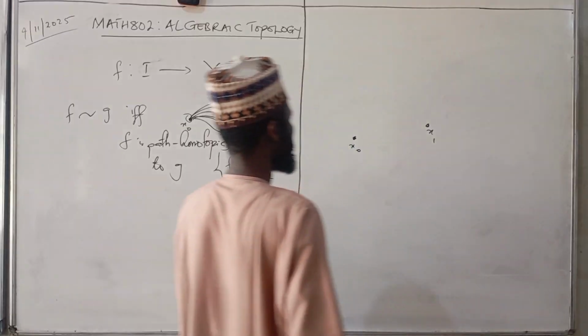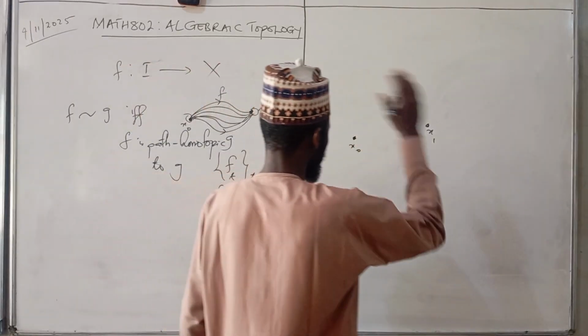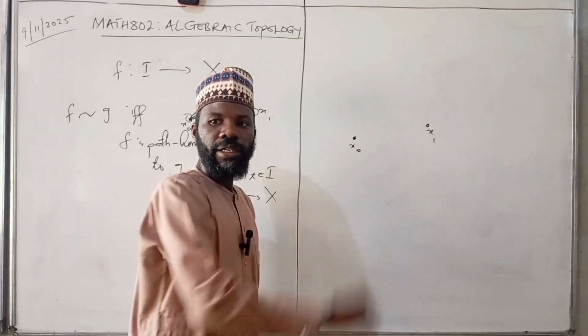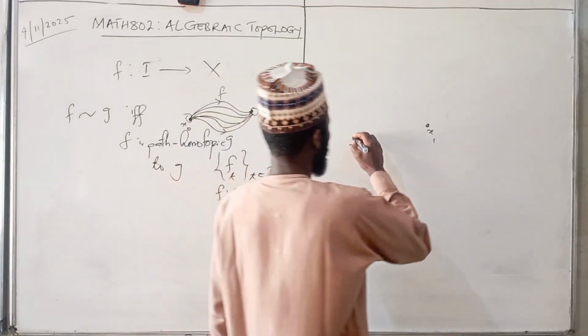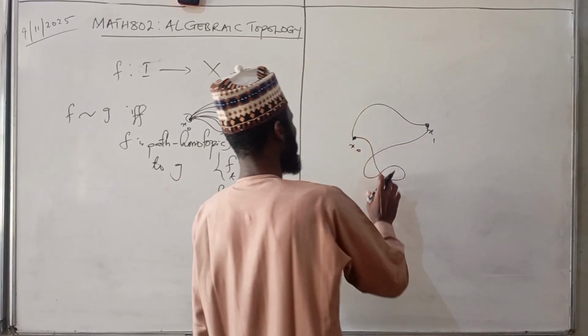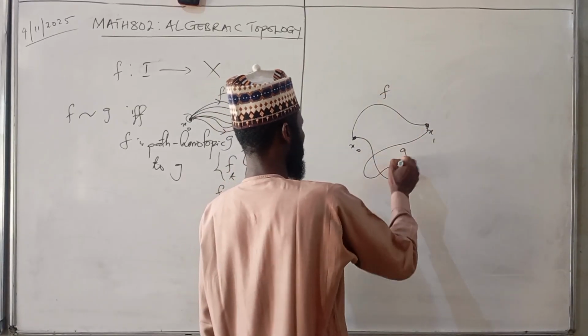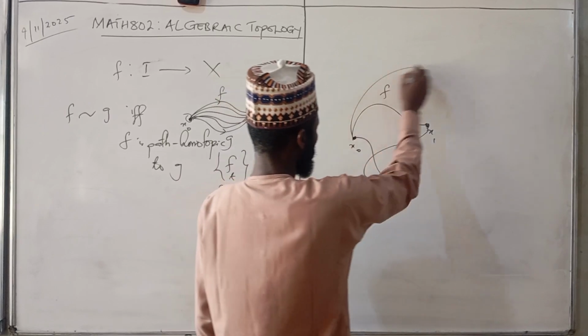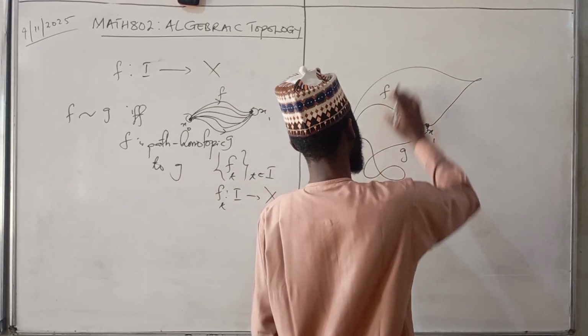Imagine you have a fixed initial point and a fixed terminal point, and you think of all paths from this to that in a particular space. Path F will be homotopic to path G, but there may be some other path H which is not homotopic to G, and so on.